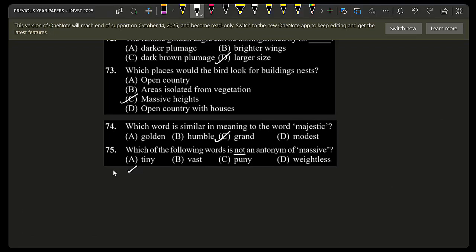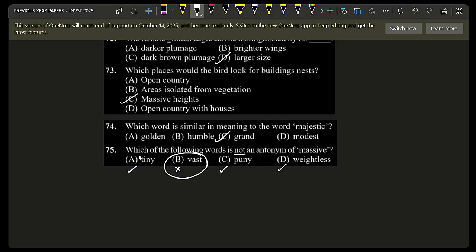Vast means massive, almost the same meaning, synonyms. So this is not the antonym. Puny is also very small. And weightless, the antonym we can consider. So which is not the antonym? That is B. We have to choose B.